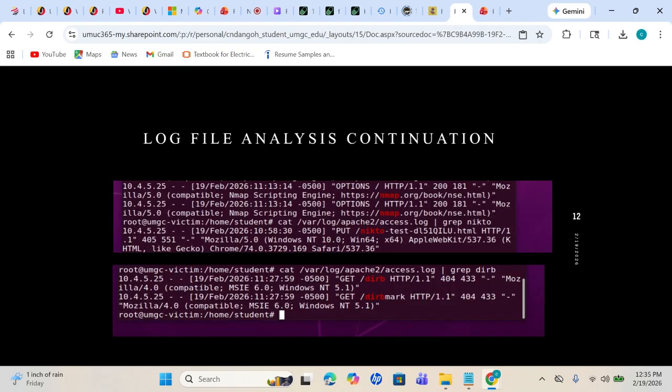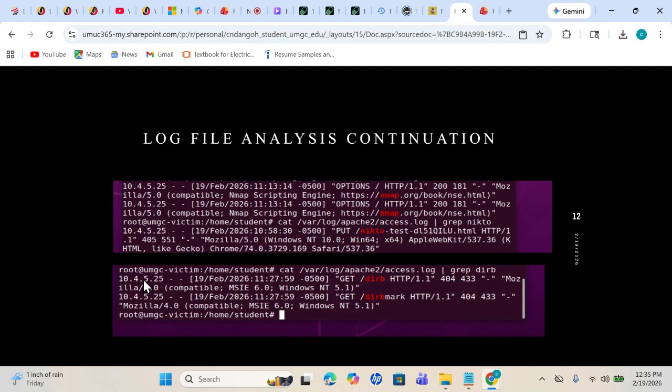And if we go forward, we can see, still in the log file, the continuation of the log file. You can see there are Nikto entries. It shows you the Nikto entry with the timestamp and everything, showing the Nikto was coming from 10.4.5.25, which is the attacker's OS, showing the data breach.